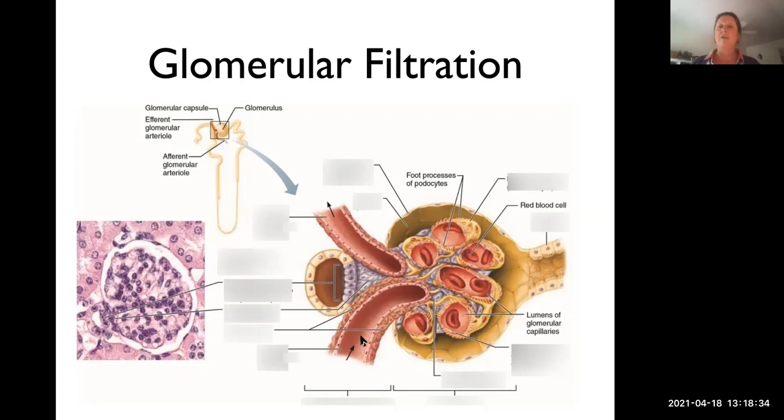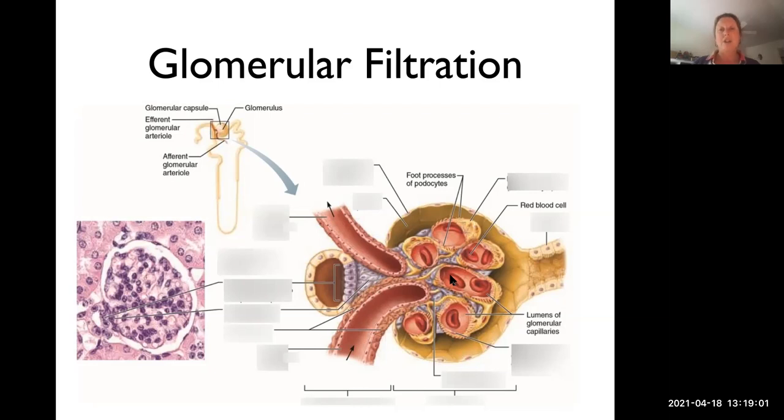If glomerular filtration is too high, then we can constrict the afferent, letting less blood in and reducing the hydrostatic pressure, and we can open up or dilate the efferent, and that will reduce the hydrostatic pressure and reduce glomerular filtration. Okay, so that's glomerular filtration in a nutshell.